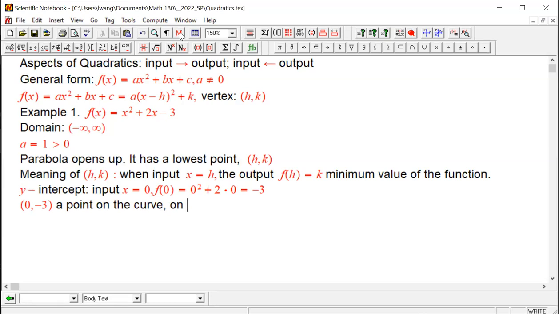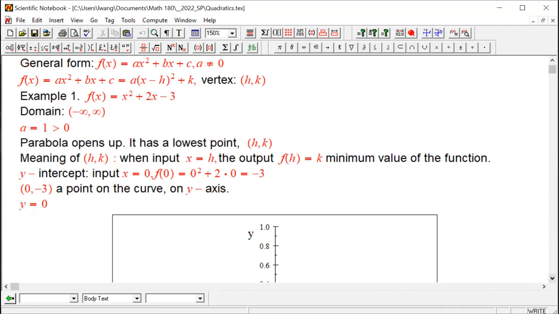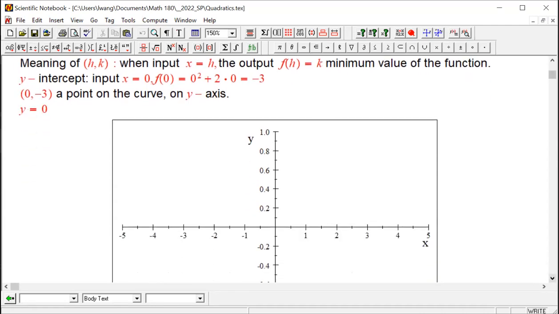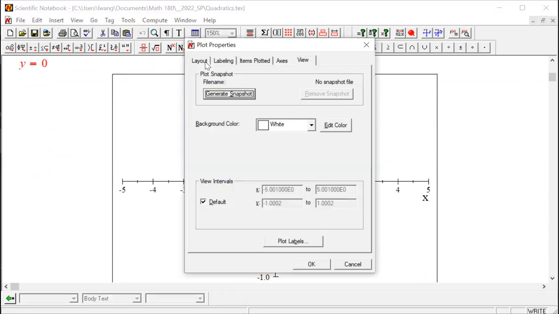So we're going to plot that point. Now, suppose we have a blank rectangular system. Okay, I'm just going to set it up.